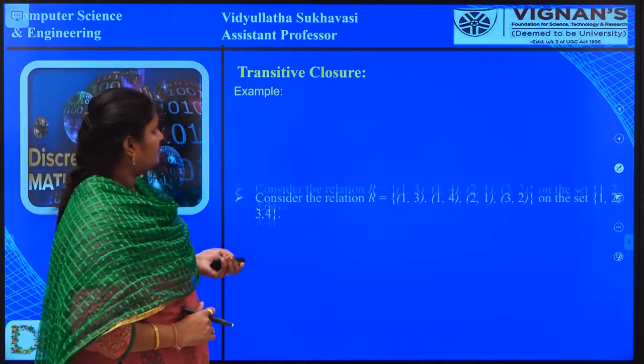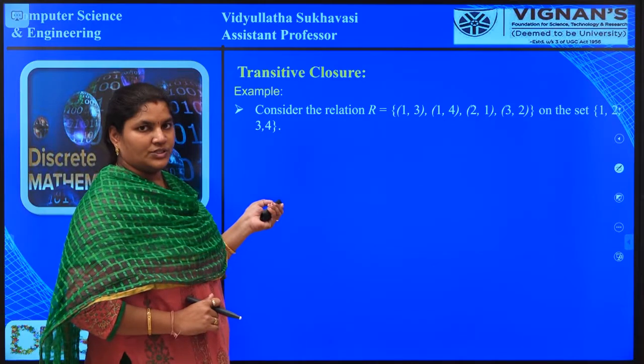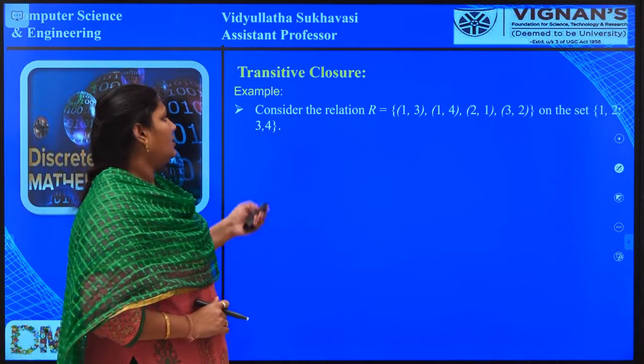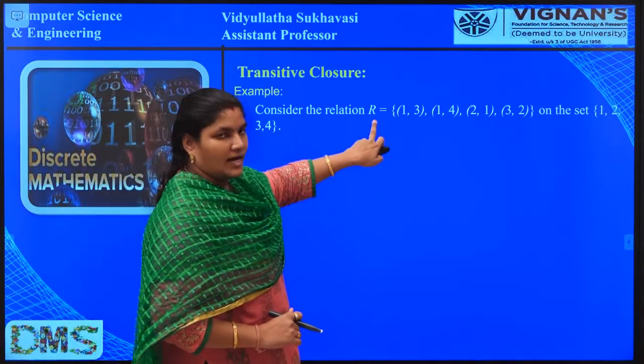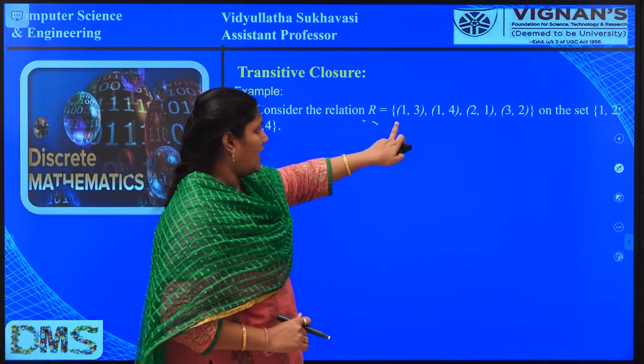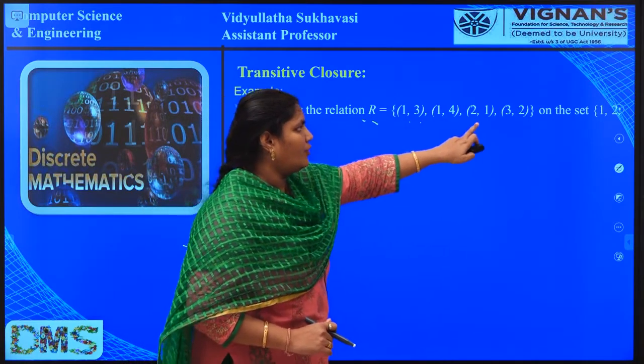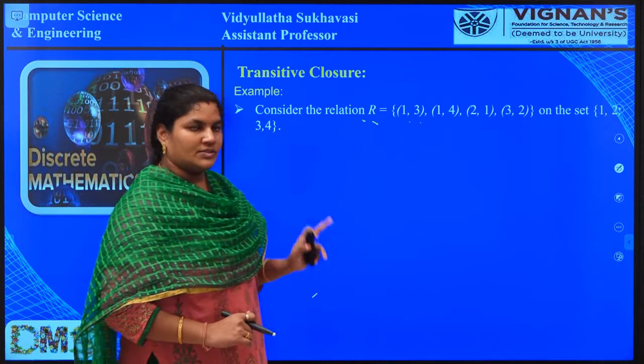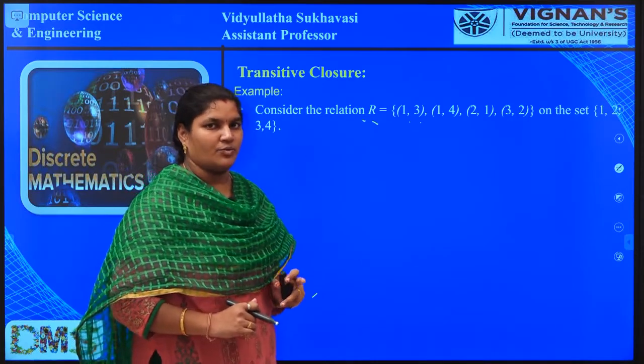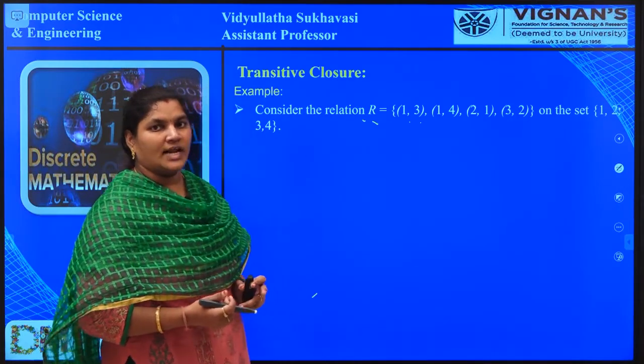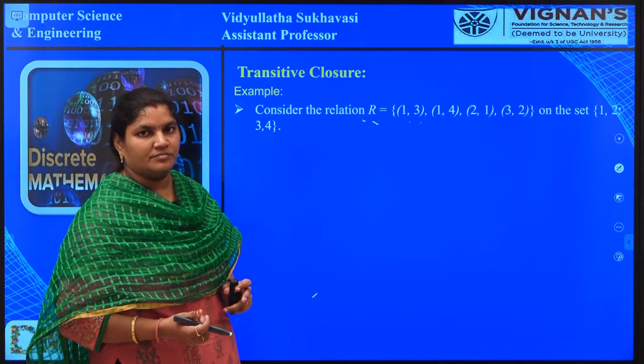See here, in transitive closure we have taken an example here as R. Consider a relation R which is 1 comma 3, 1 comma 4, 2 comma 1, 3 comma 2. So check whether this relation R is transitive or not. So what is the transitive property we need to check here?